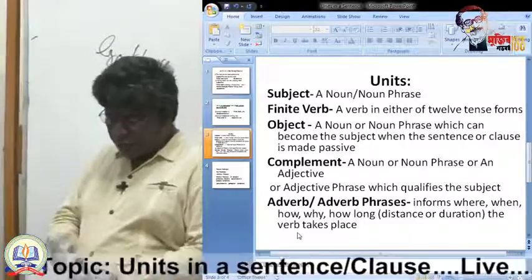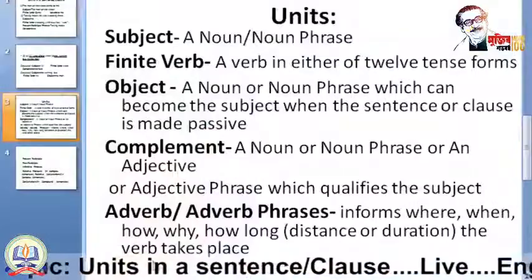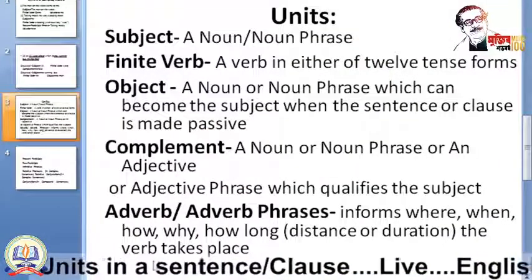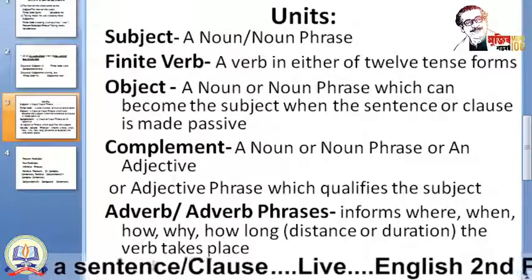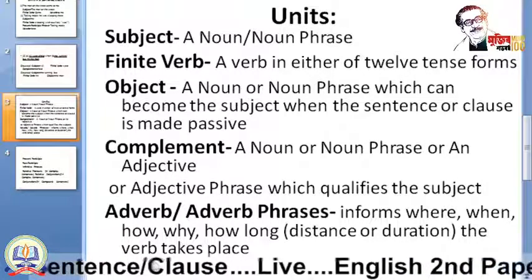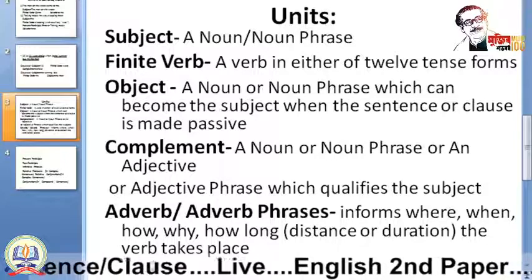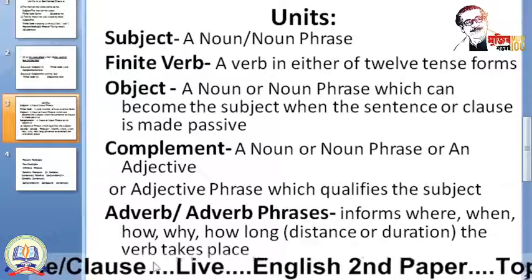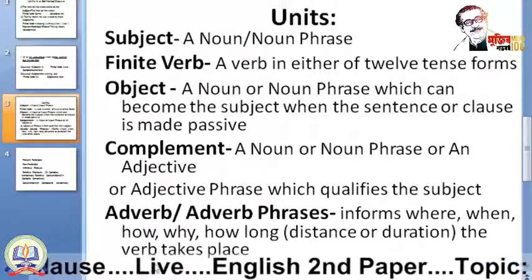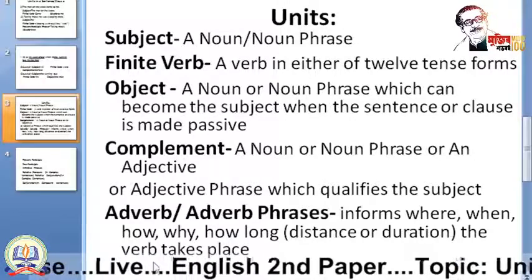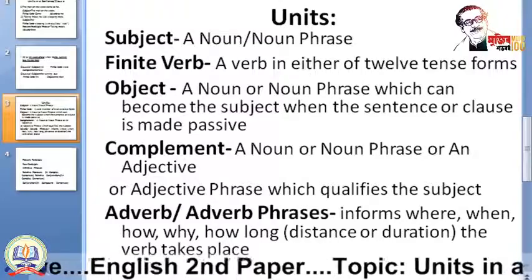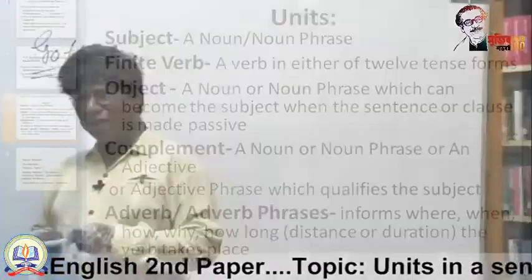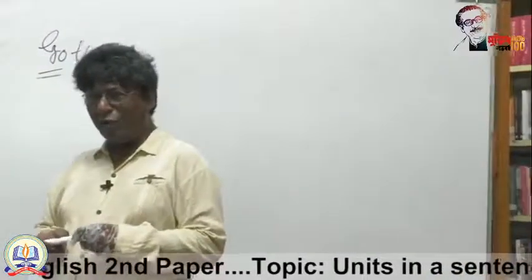Both a parts of speech and a phrase make up a unit in the sentence, sometimes a subject, sometimes an object in the sentence or in a clause. Well, a subject is always a noun or noun phrase.